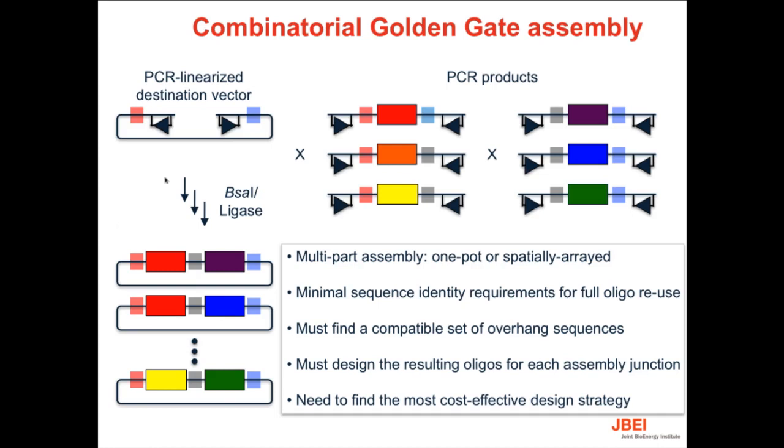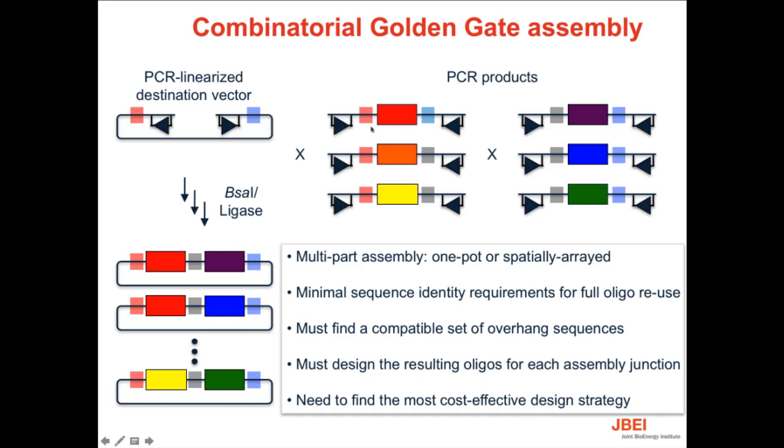Just as with the flanking homology methods, you do have to make sure that all of these overhangs are going to be compatible with each other, and we'll talk about that in a second. You still have to design all of this flanking sequence and the oligos for making those. You have to design the synthetic DNA fragments for doing those. And then it's also really important to find the most cost-effective design strategy.